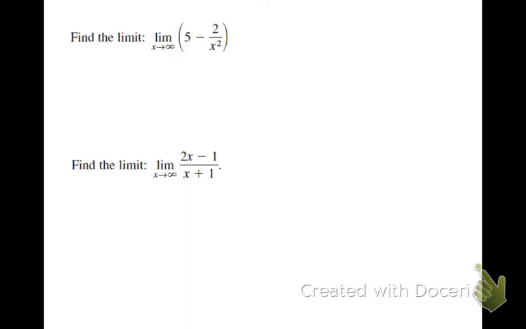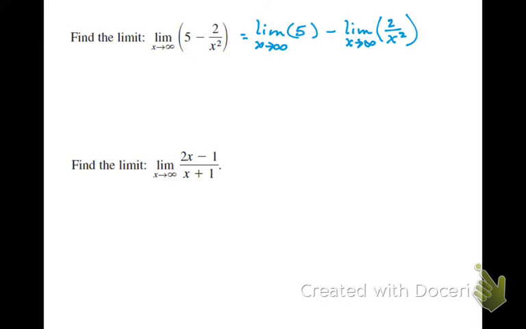So it says find the limit as x approaches infinity of 5 minus 2 over x squared. So we should remember from our limit days that this is the limit of 5 minus the limit of 2 over x squared, correct? I get lazy and I don't keep writing my approaches.